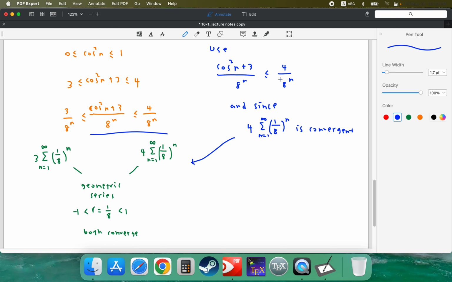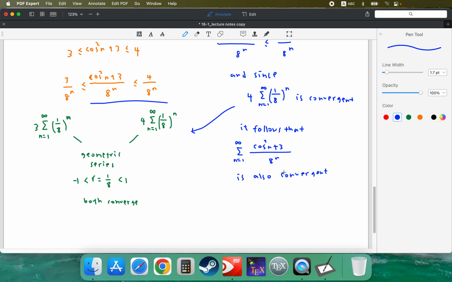Since this series we pick is convergent, it follows that the original series is also convergent. And don't forget, you need to say the name of the test: by the direct comparison test.